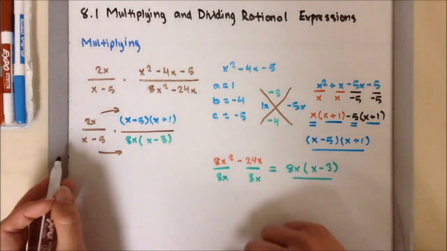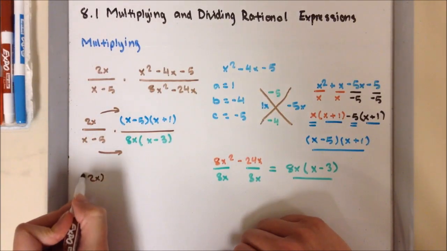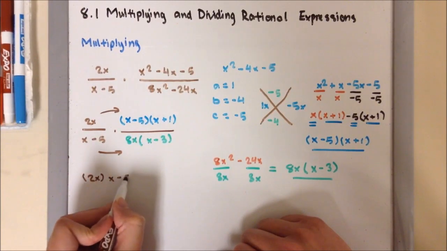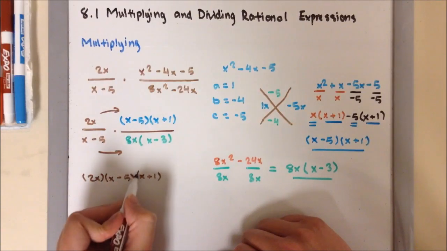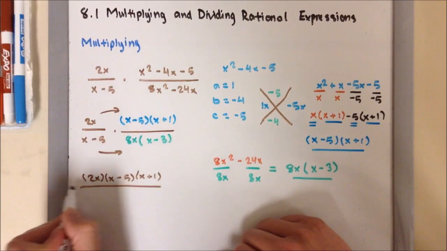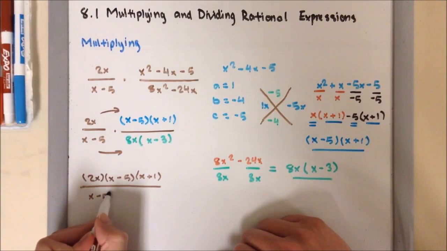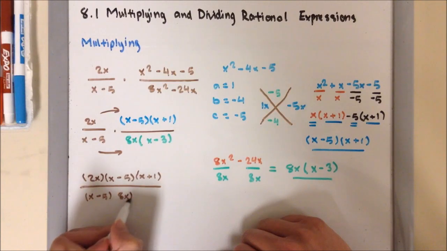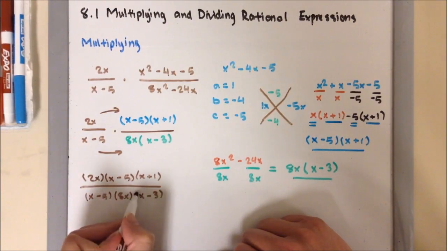So I'm going to write 2x next to the factors at the top: x minus 5 and x plus 1. Then for the denominator, x minus 5, but now I'm going to put it in parentheses because in the expression, 8x, and then x minus 3.